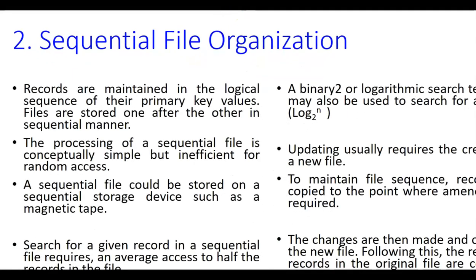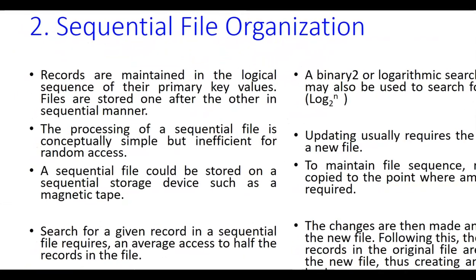So a sequential file organization, from the word sequence. It is a sequential file, or sometimes it's called sorted. The records are maintained in a logical sequence of their primary key values, so sorted in a particular order. The process of sequential filing is conceptually simple, but sometimes it is a bit inefficient, especially if you're going to have random accesses.